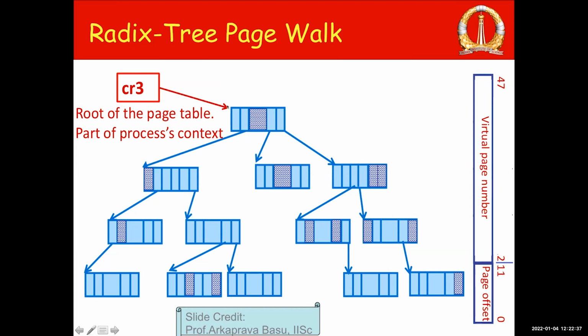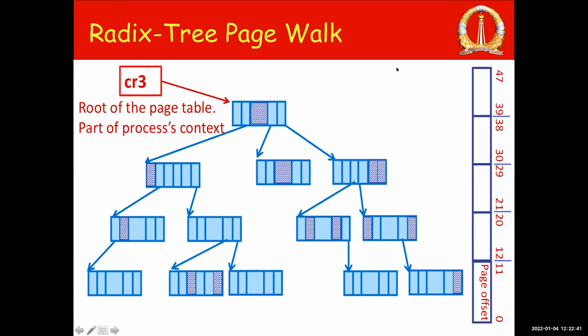Which one of the 512 entries you need to access is given by these 9 bits over here. For the root level table, it is the most significant 9 bits. For the next level, it is the next 9 bits, and so on. Does that answer your question?